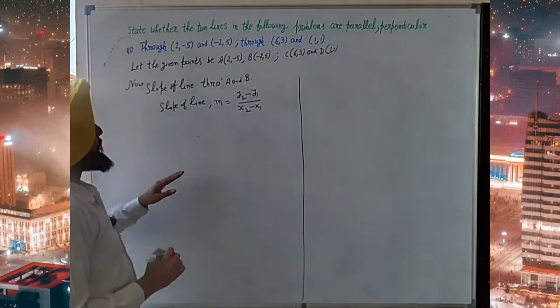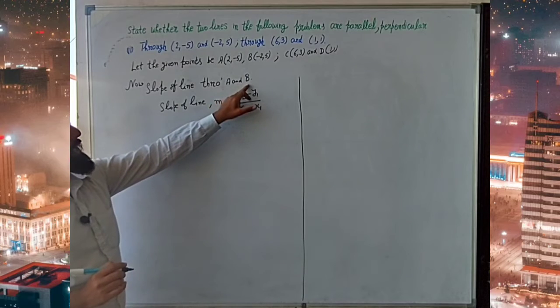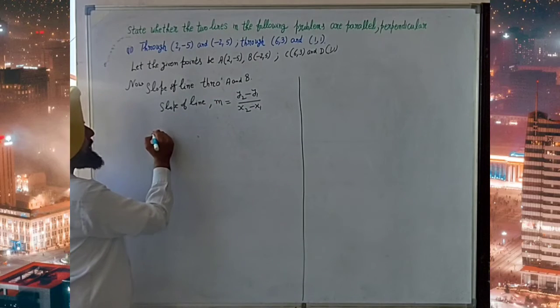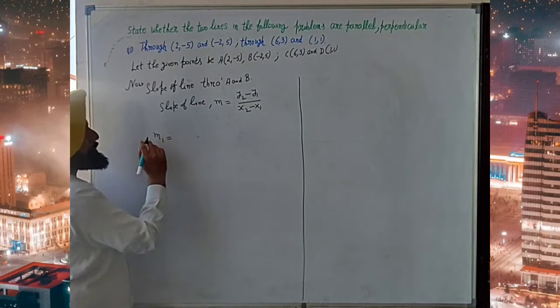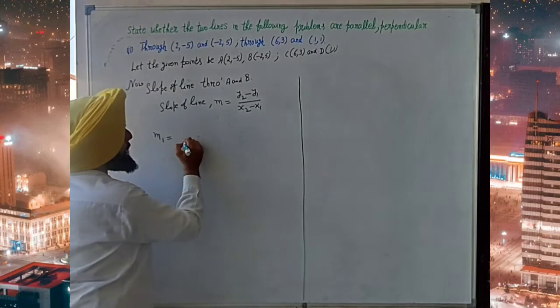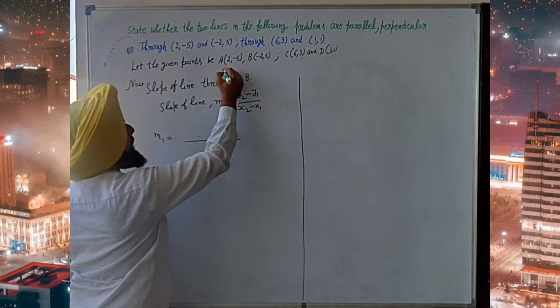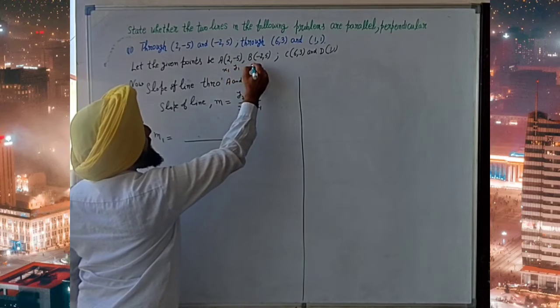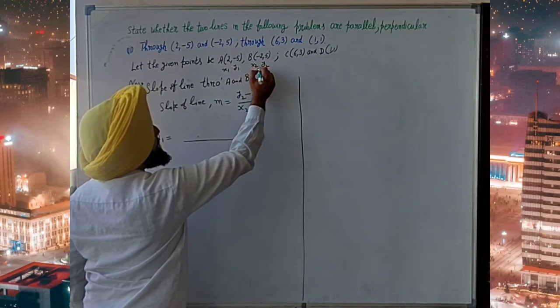Now slope of line through A and B, that is m1. I named it m1, equal to, now that is x1 y1 x2 y2.